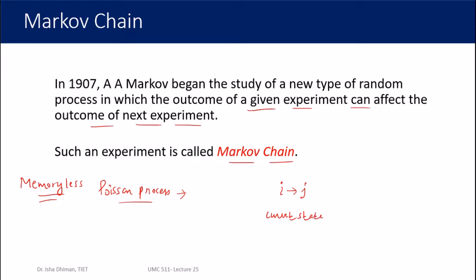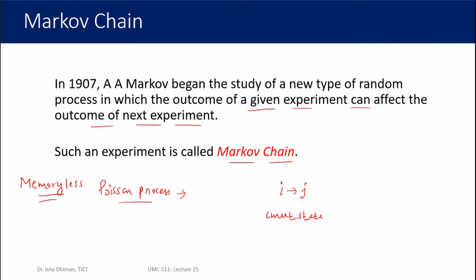So it's just one step dependency, that your next result, or whatever you are measuring, depends upon your individual experiment to experiment, whatever quantity you are measuring or whatever probability you are finding. So the idea is that it depends upon the given state, it's not independent of it. So that's the meaning of this Markov chain.